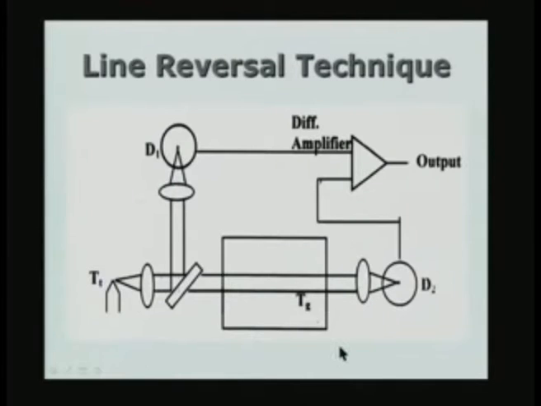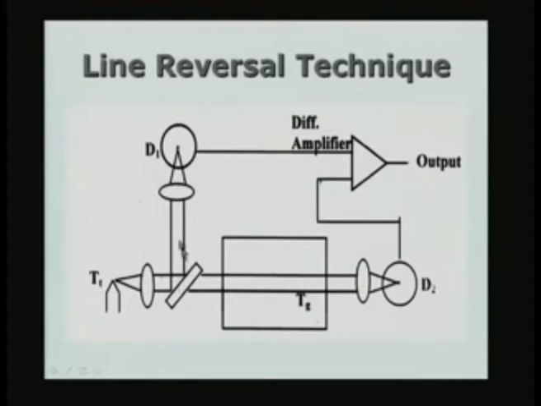A way of doing this measurement is shown schematically here. I have the hot target. In this case, I call it T subscript T. It is actually T s in what I explained on the board. I collect the light coming from the target, and I make two beams out of it by having a plate tilted at 45 degrees.